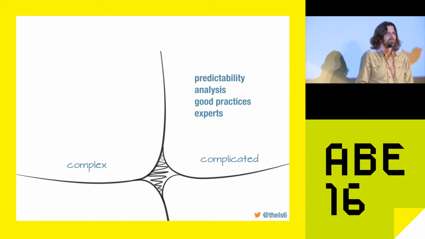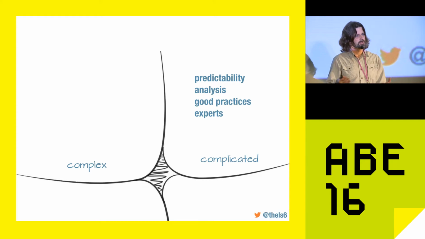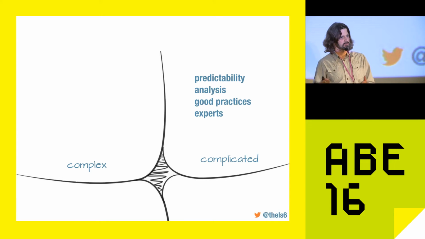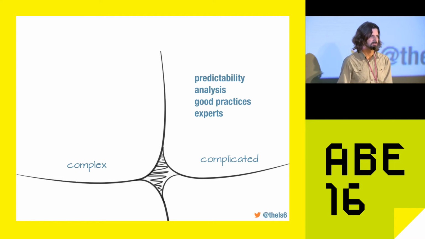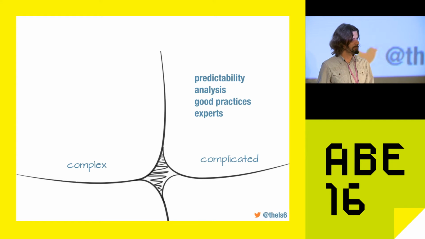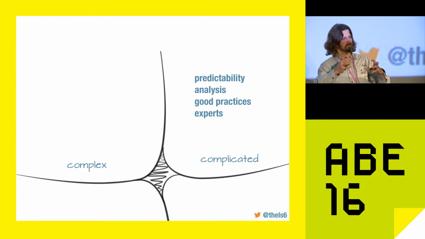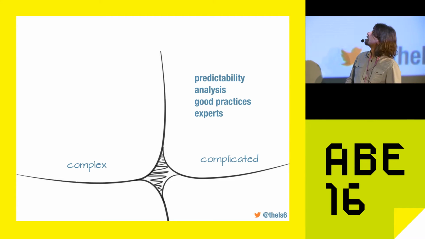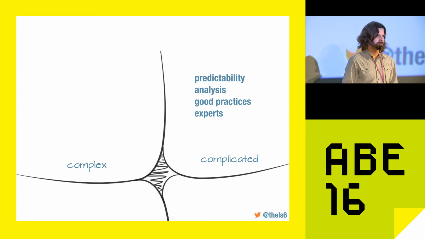So why do we need experts if every experiment is not guaranteed to give the same result, right? Why do we need good practices? I mean, today they will work, tomorrow they won't. It's a completely random thing. They might not work because the forces are beyond our comprehension to predict. The same holds for experts, right?